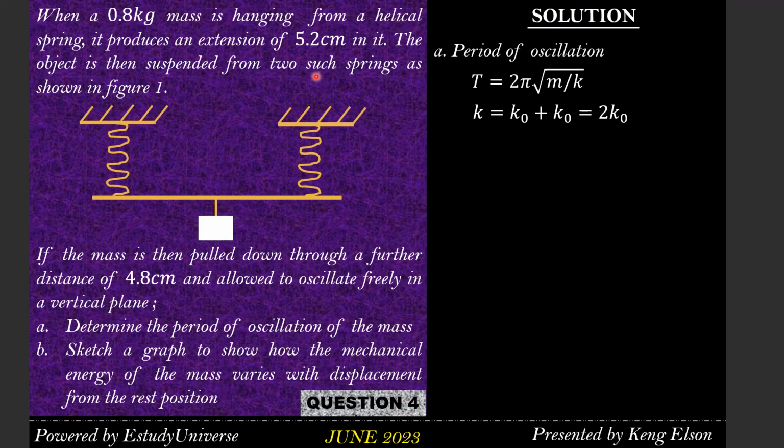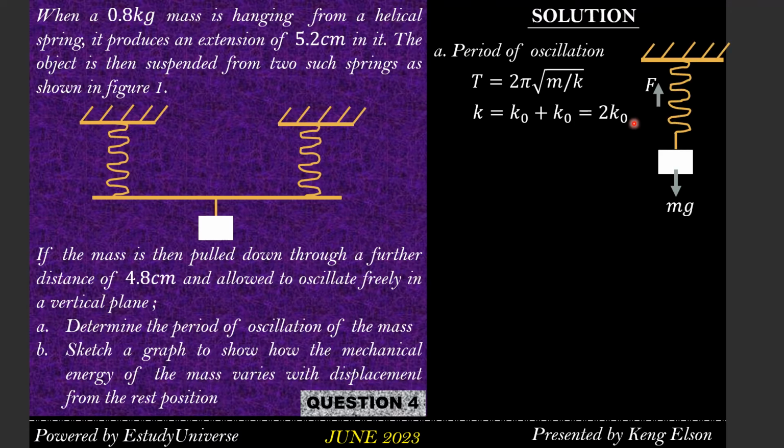So when they say two such springs, it means that they are the same, so it is not an assumption. So let's say that the spring constants of the original springs are k0 and k0. It therefore means that your k is the sum of their spring constants, which gives you 2k0. Now we need to find the value of k0.